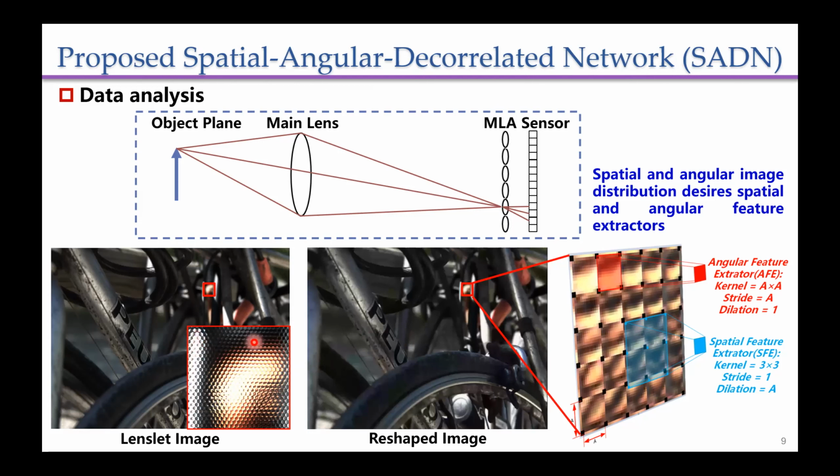So we first do a pre-process, which we call a reshaping process, to make the micro images aligned to a rectangular grid.